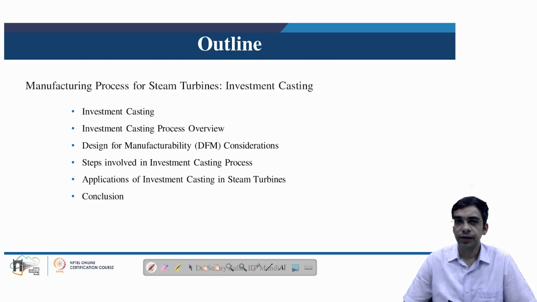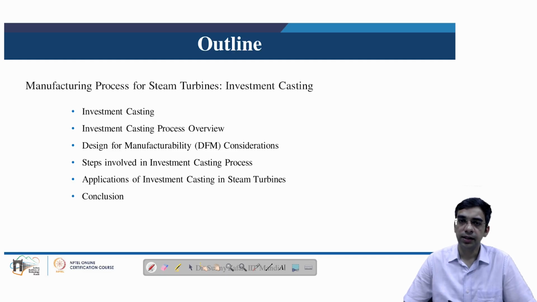And to create this cavity, we know that we utilize patterns, and patterns are basically replicas of the product which has to be cast. Now casting processes are there in a wide range, and again as we have seen in the beginning lessons of this course, the selection of the manufacturing process is dependent on several parameters.